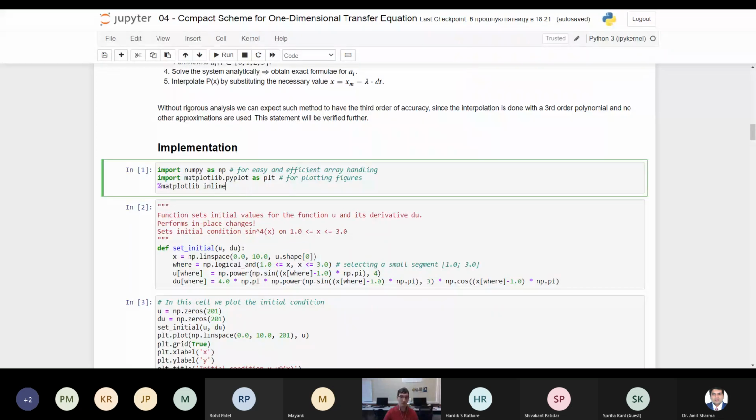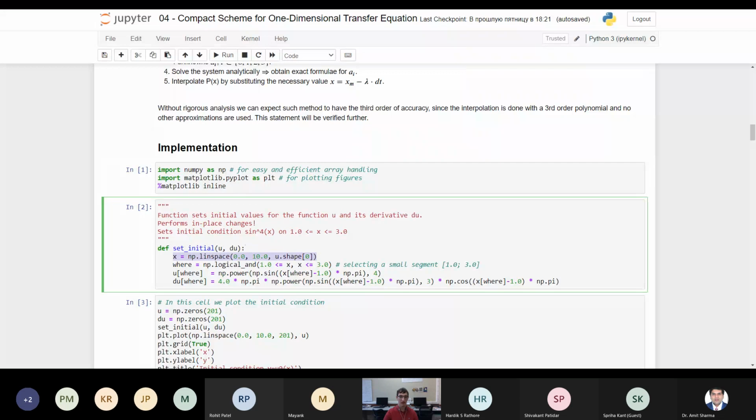The next function sets the initial conditions because we are solving the Cauchy problem. So we need to know the initial values of our unknown functions. And here they are set in a separate function. Basically, we initialize our mesh and the coordinate values at our mesh.